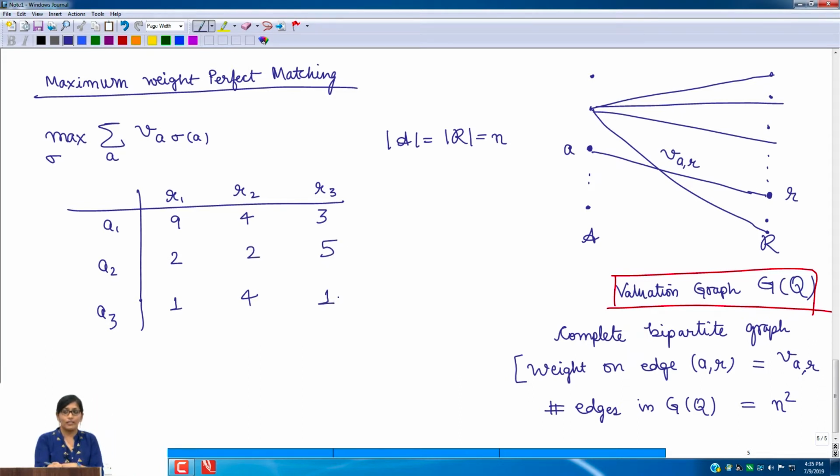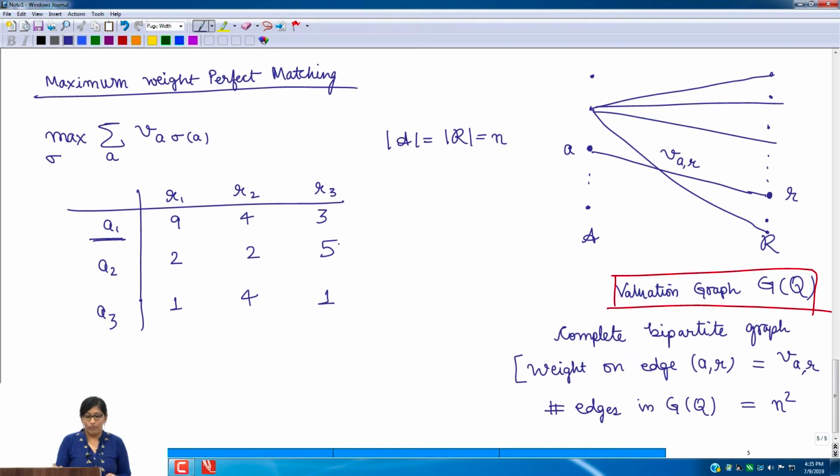Okay. So, agent A1 has a base value of 9 for room R1, base value of 4 for room R2 and base value of 3 for room R3, okay, and so on.